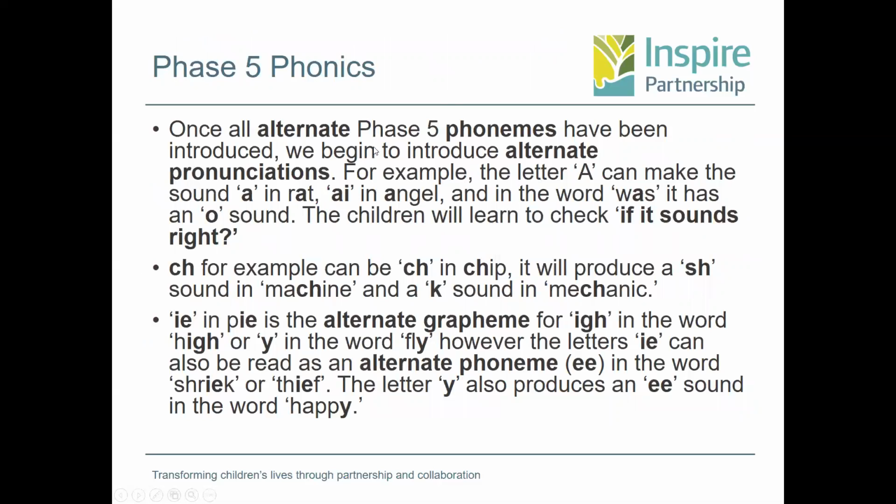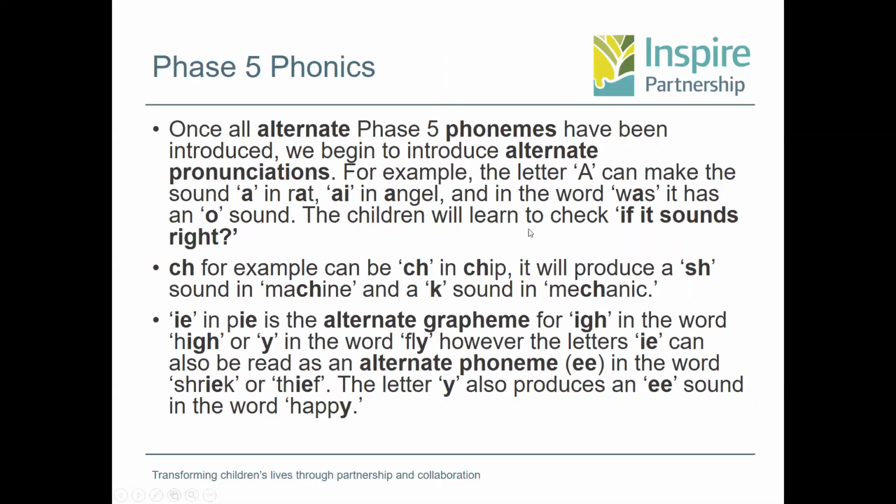Once all alternate phase 5 phonemes have been introduced, we begin to introduce alternate pronunciations. For example, the letter a can make the sound a in rat, the sound ai in angel, and in the word was, it actually has an o sound. So these are alternate pronunciations.